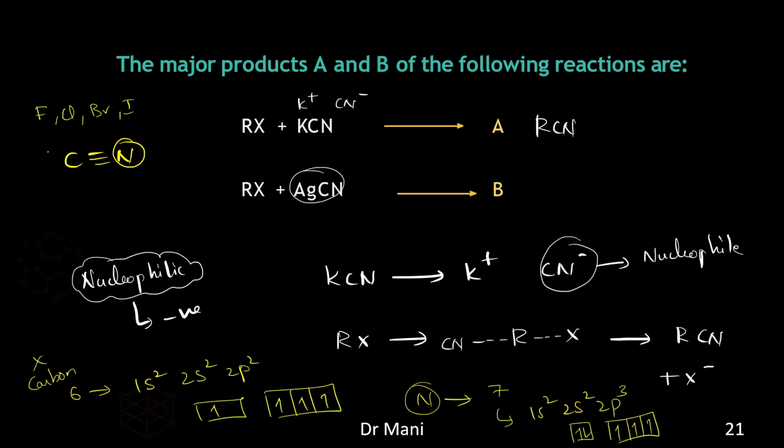That's why nitrogen forms 3 bonds here, whereas the carbon does not have any lone pair. And we said the one which has a good number of electrons, we call it a strong nucleophile. Here, nitrogen has a lone pair, and the one who has a lone pair of electrons is the rich guy. Yes or no? So compared to carbon, nitrogen carries more electron density. That's why this group will attack compared to carbon. Understood? Is that clear?